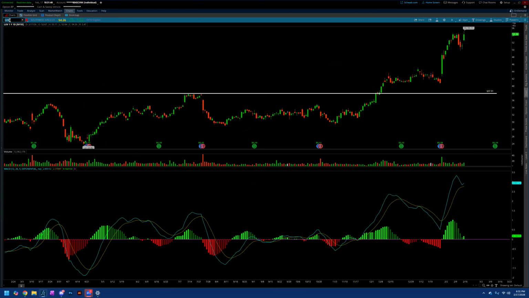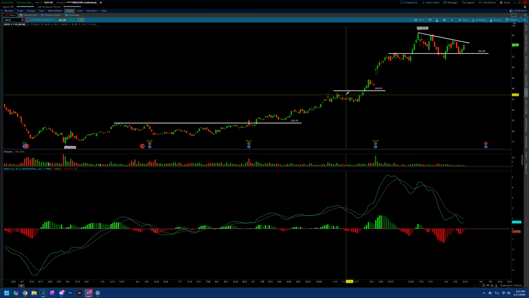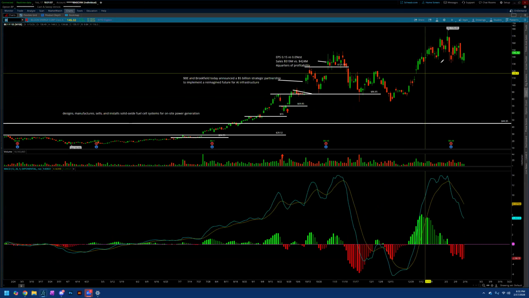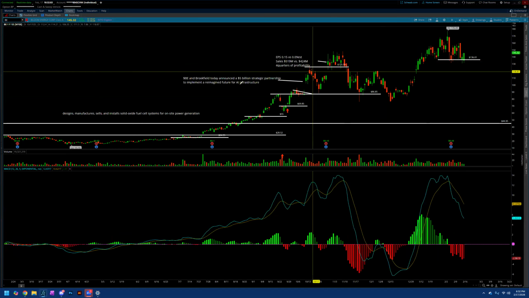Even some airlines, LUV, Victoria's Secret was looking decent as well. And maybe this is a little closer to somewhere I could justify an entry. But anyway, I don't have any quota for what makes it on my watch list, and I just look through whatever pops up on the watch list. BE looks nice, holding that 135 area.